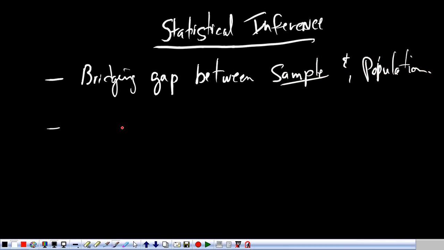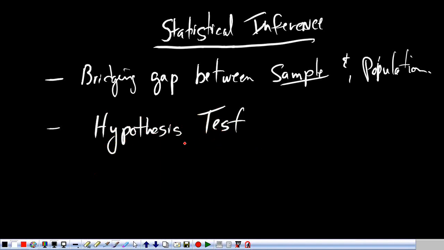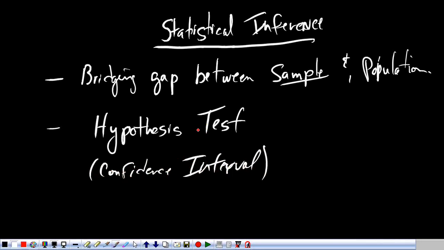And we do that by running one or more hypothesis tests, and we get confidence intervals along for the ride. They come along with it. I'm a confidence interval person more than I am a hypothesis test person, but I have no choice. I've got to go through a hypothesis test in order to get the confidence interval.